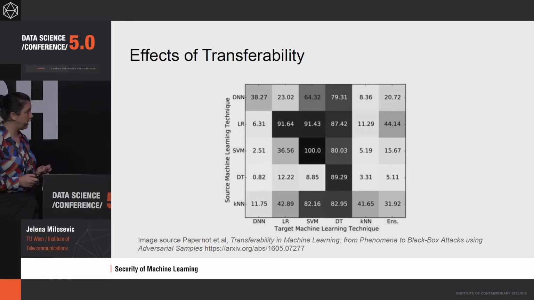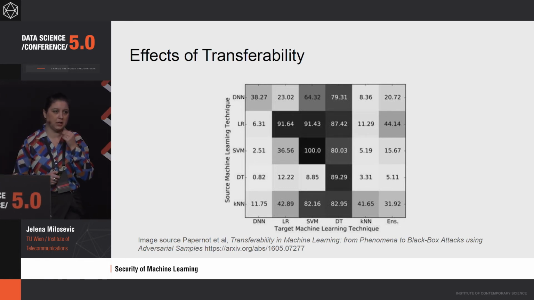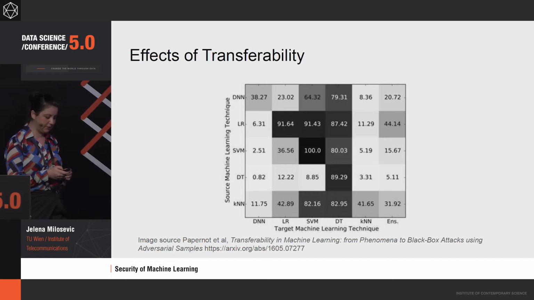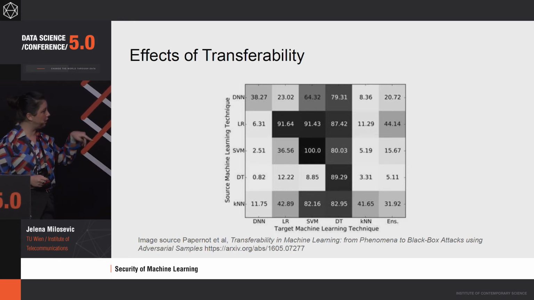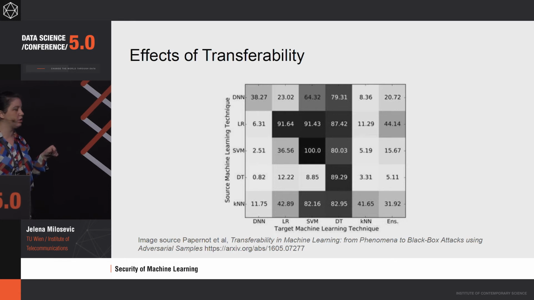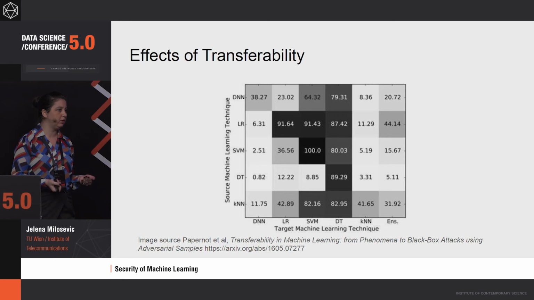And here I'm showing some of the effects of this transferability phenomenon. Now I don't have a pointer, but on the x-axis you can see the target machine learning technique, which means that it is something that is deployed. And on the y-axis there is the source machine learning technique. This is a technique that I use privately to craft instances that misclassify.